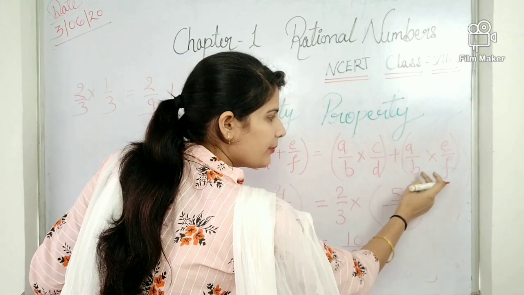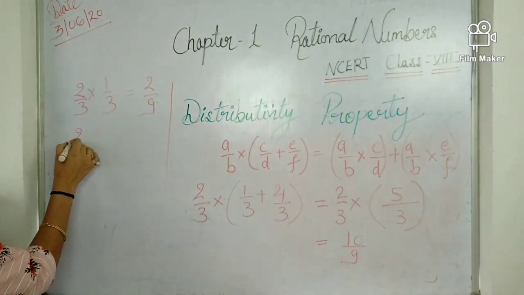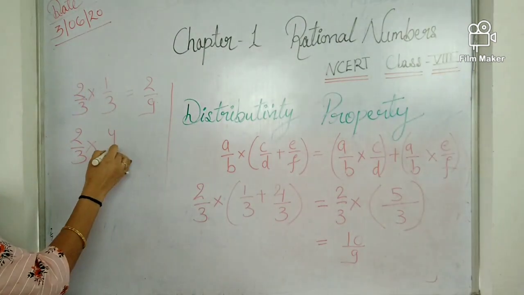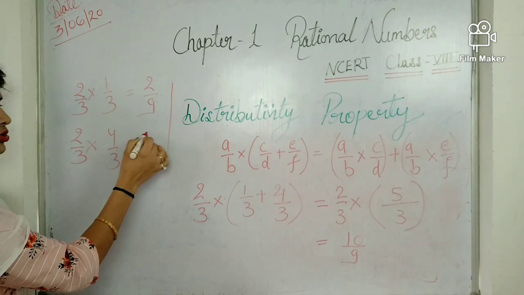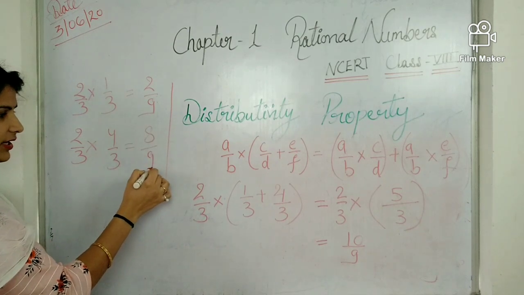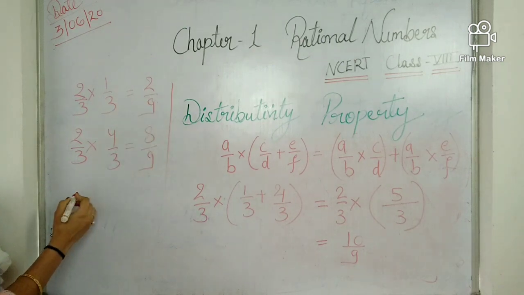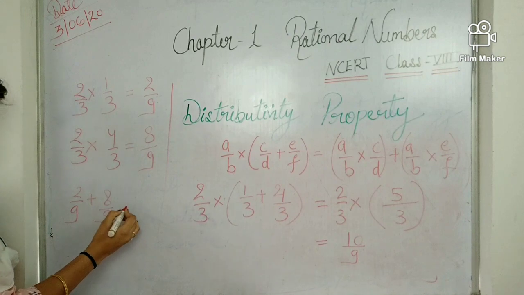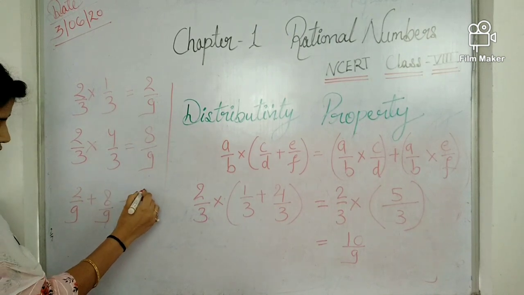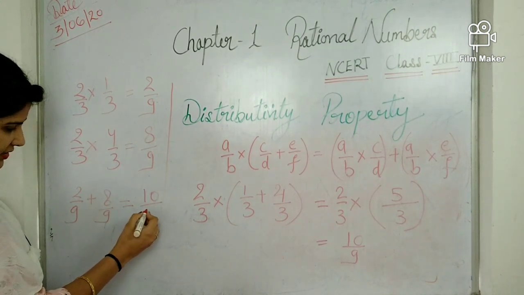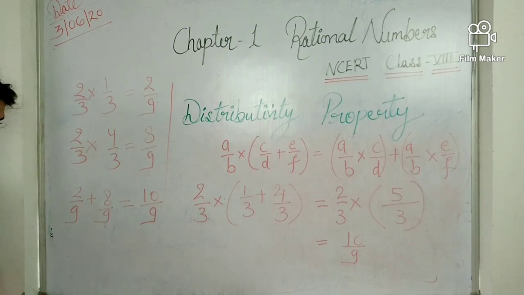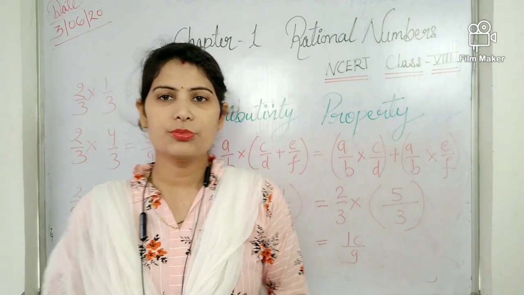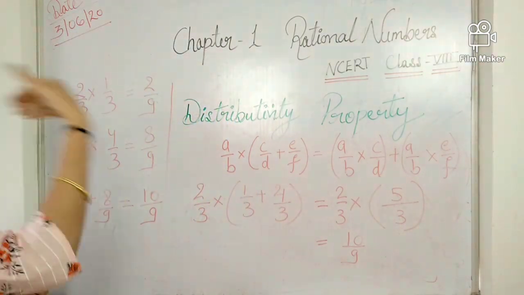And here A by B into E upon F, like 2 by 3 into 4 upon 3. So 4 twos are 8, 3 threes are 9. Now add these numbers. 2 upon 9 plus 8 upon 9. So 2 plus 8 is 10, and 9. So 10 upon 9 and 10 upon 9. Both are equal. That is the distributive property under multiplication.